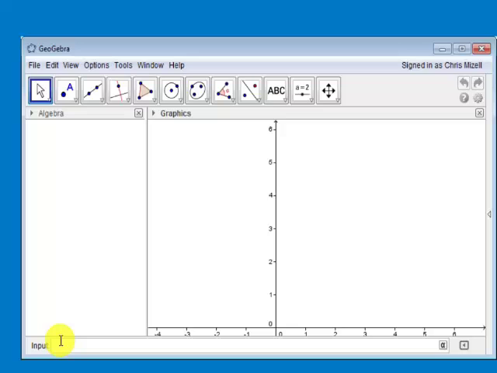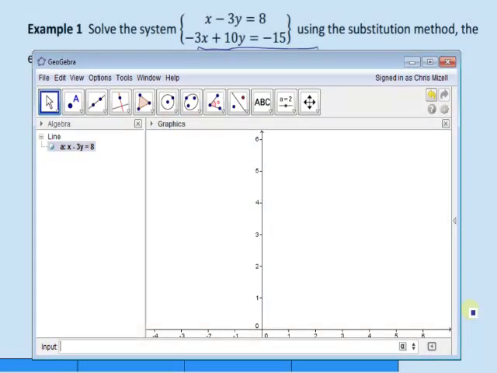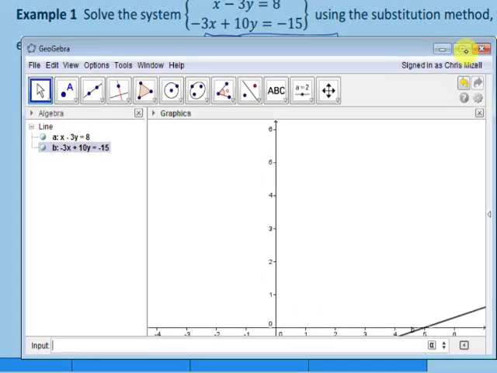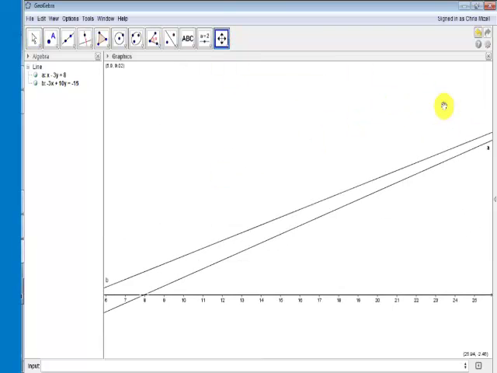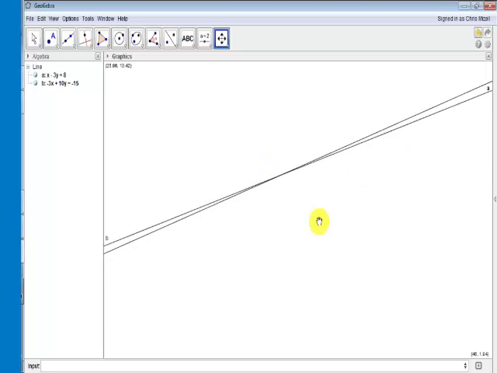If it were as simple as typing x minus 3y equals 8 and having the equation of a straight line, and negative 3x plus 10y equals negative 15, and having the equation of a straight line, and searching for the point where they intersect, and figuring that that's got to be the point 35, 9. If it were as simple as that, the graphical method would probably be a lot shorter, a lot sweeter than either the substitution method or the elimination method.